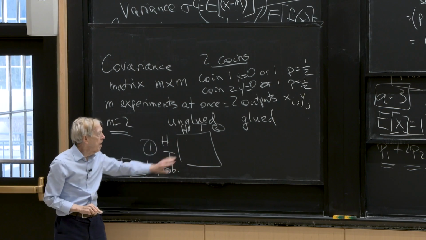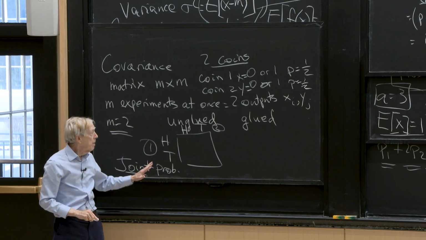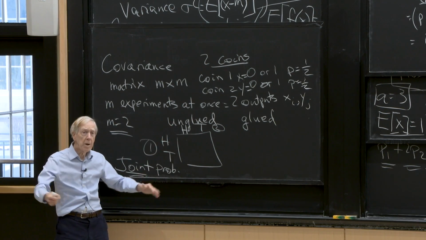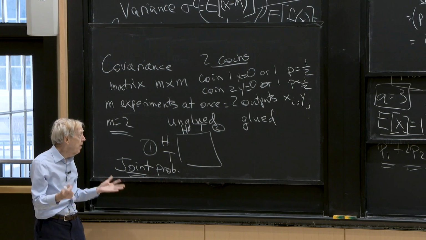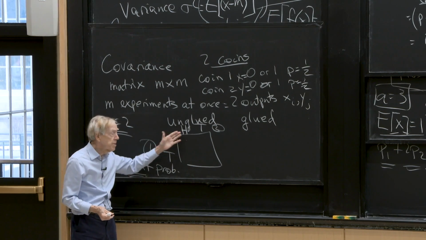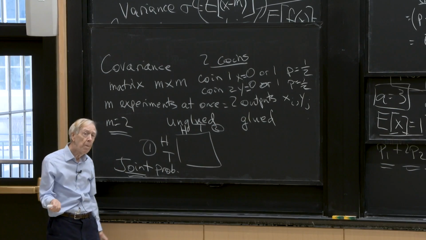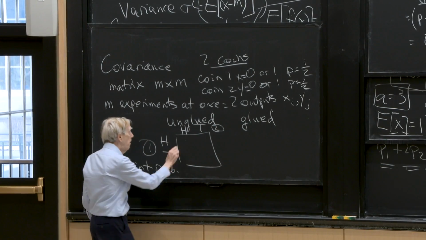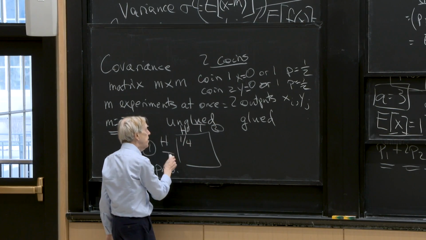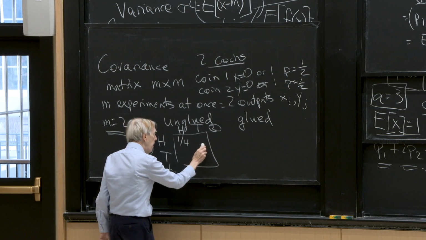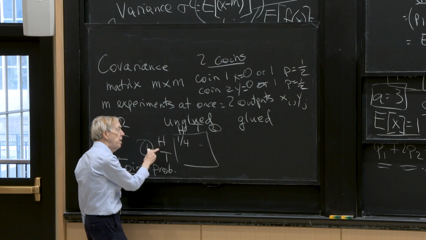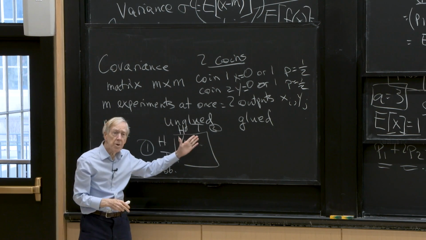So let's complete that matrix. So I have unglued coins, independent coins. I flip them both. What are the chances of getting heads on both? 1/4. What do I put in here? This means heads on the first coin and tails on the second coin.